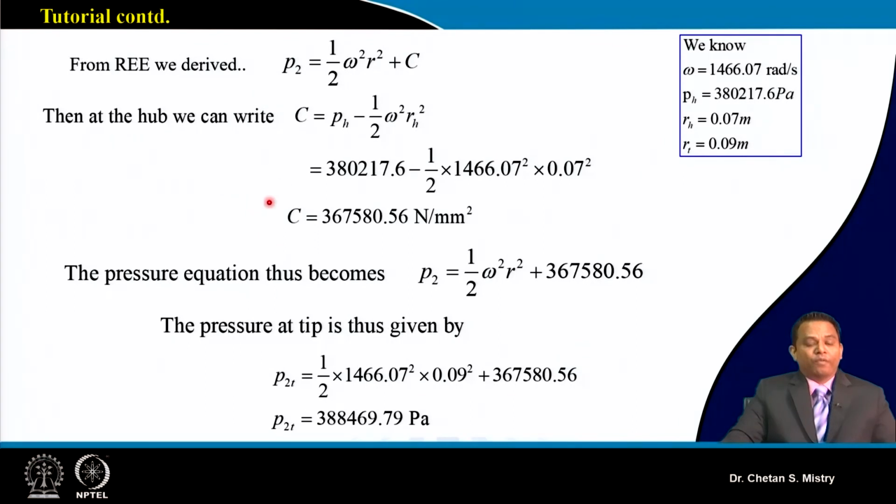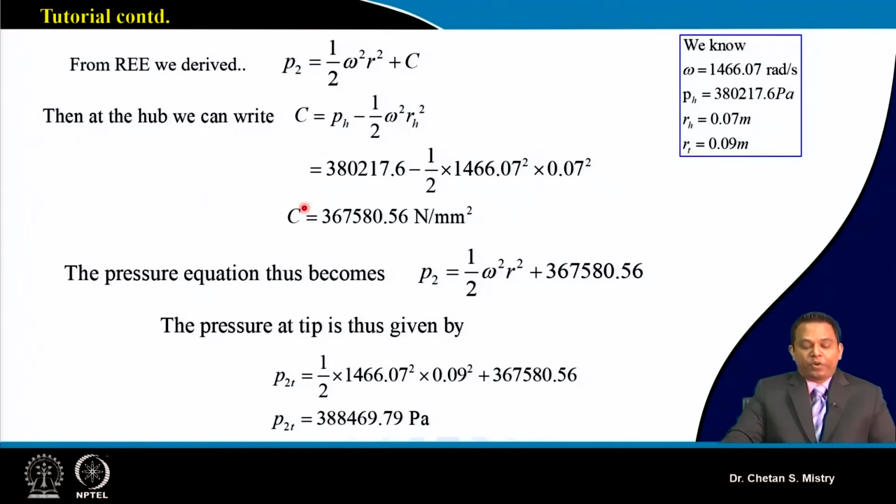Now this is known to me. We have our radial equilibrium equation, and from there we have calculated our static pressure, which is given by half rho omega square into r square plus c. Since our static pressure at the hub is known to us, my radius is known, and my angular speed is known, we can calculate our constant c.